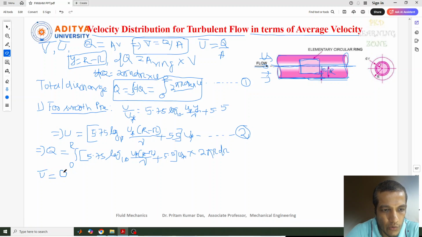So already Q is there, so I can write the average velocity u equal to Q by A, and here A is nothing but pi R square.